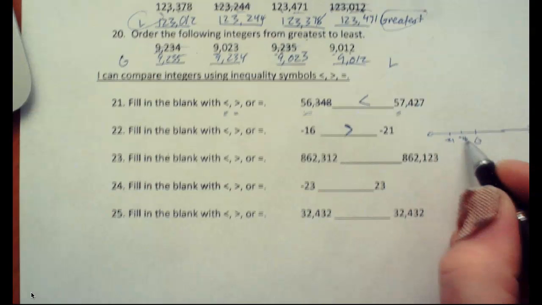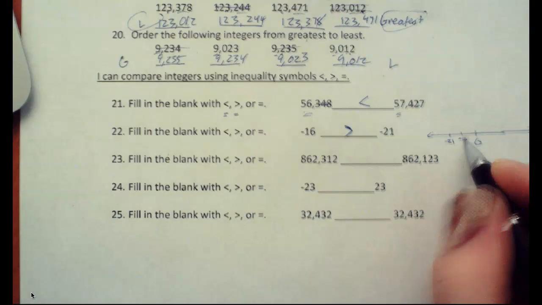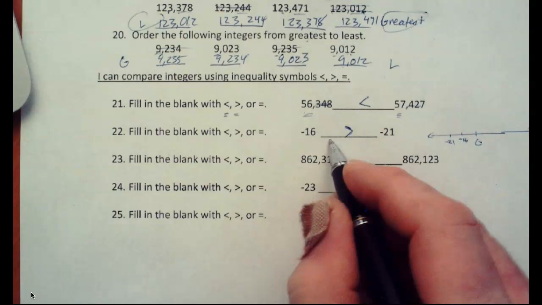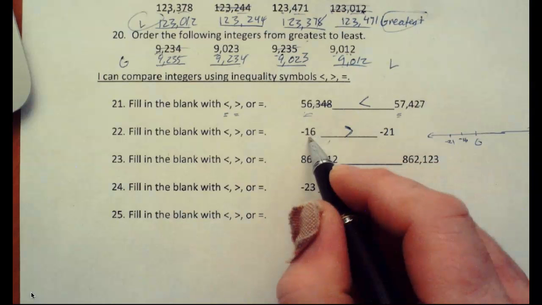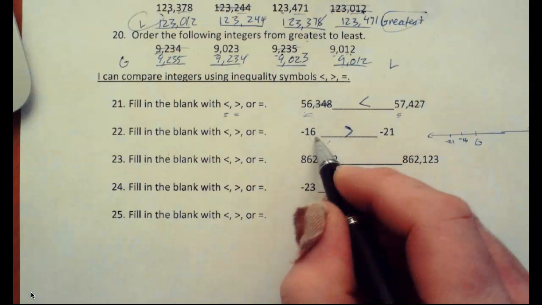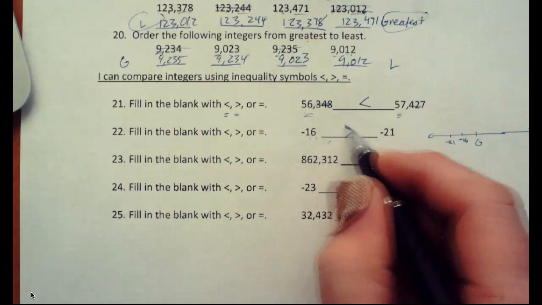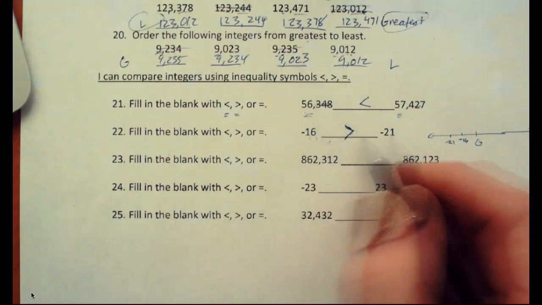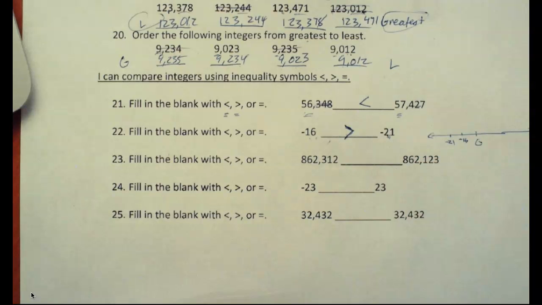The closer you are to 0, the larger the number. So the farther you get away from 0 in the negative numbers, the smaller the value. So you can think of it as the rules reversing. Negative 16 is closer to 0. It's larger than this. You can also think of it this way. Negative 16 is greater than negative 21 because it's less negative. This is more negative.